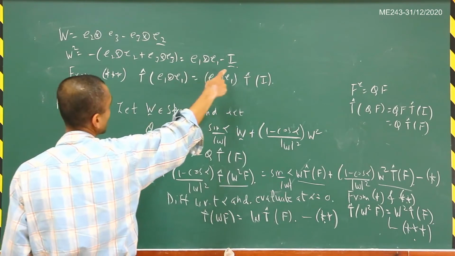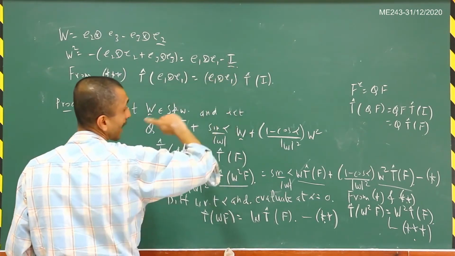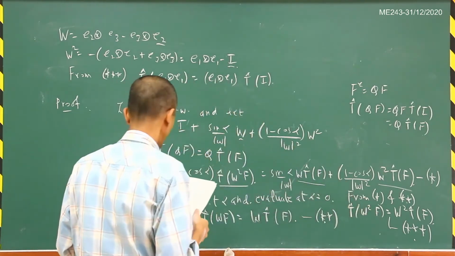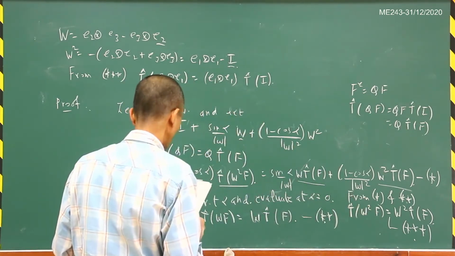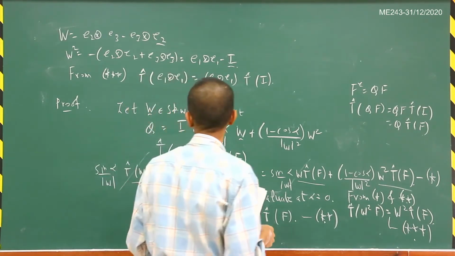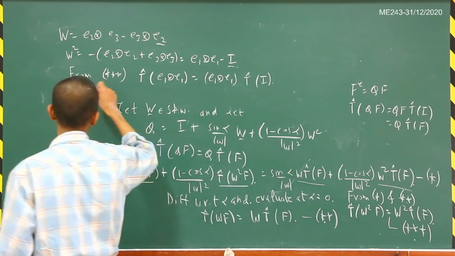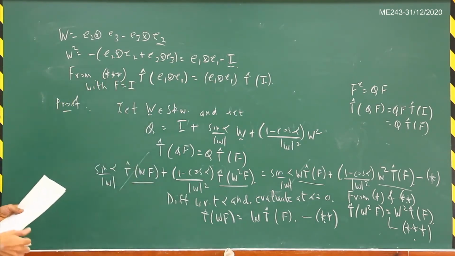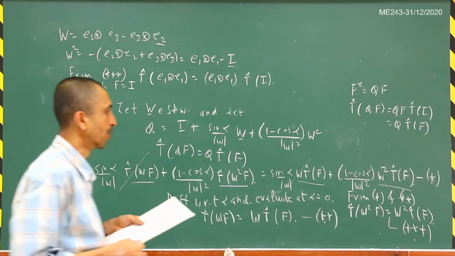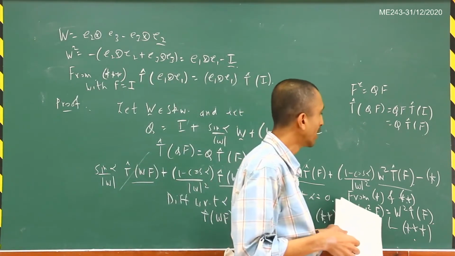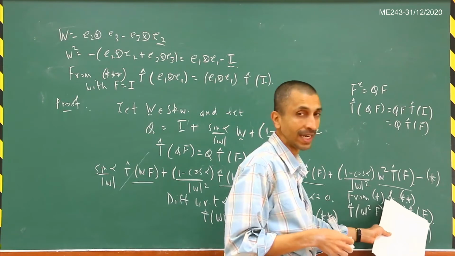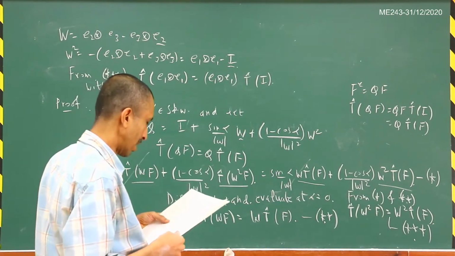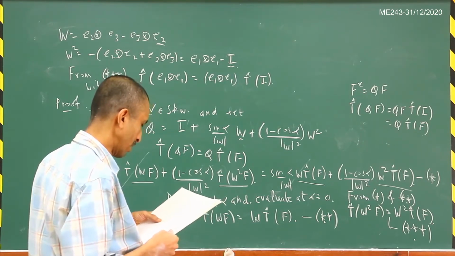There is this additional term, T hat of I, that will get cancelled on both sides. This is from 3 star with F equal to identity. So T hat of W square is W square times T hat of identity, and I am just putting F equal to identity, and then you will get this particular relation here.